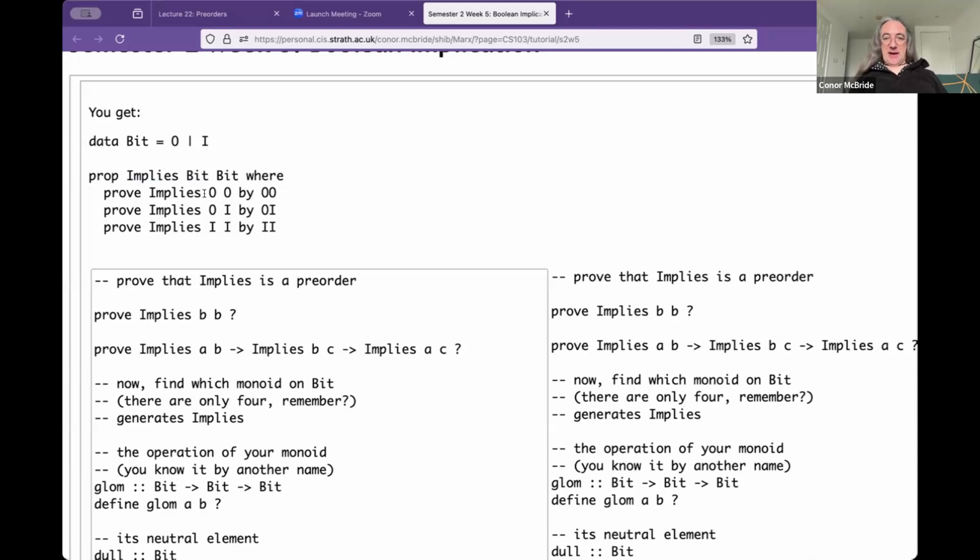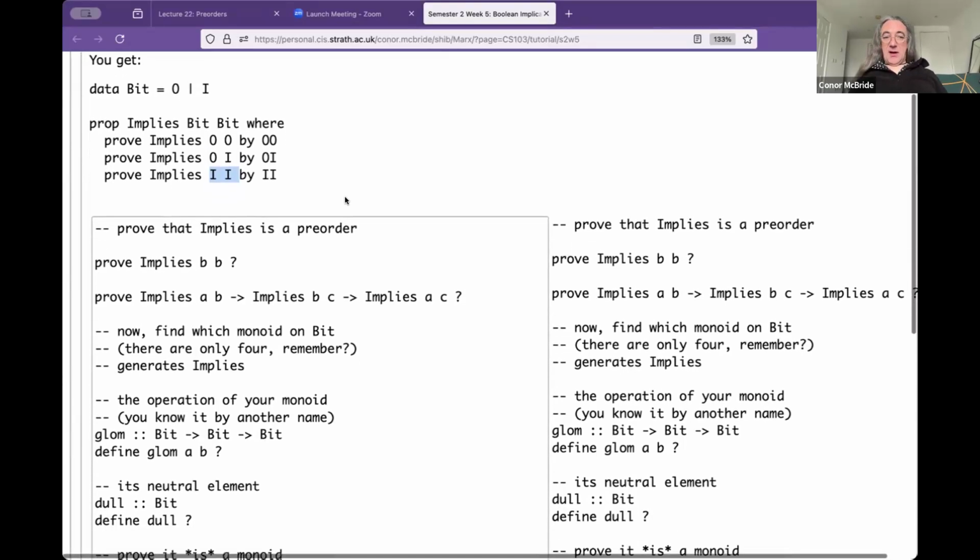So I'm saying that false implies false is one way to prove an implication. False implies true is one way to prove an implication. And true implies true is a way to prove an implication.